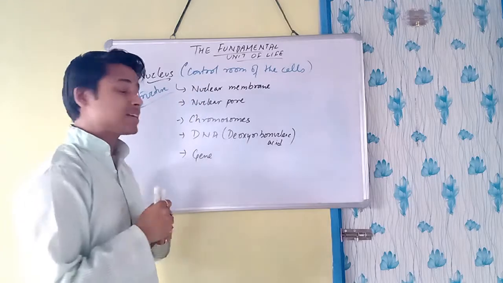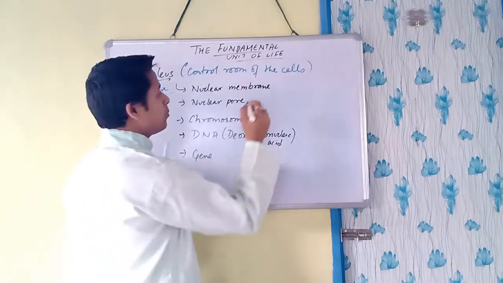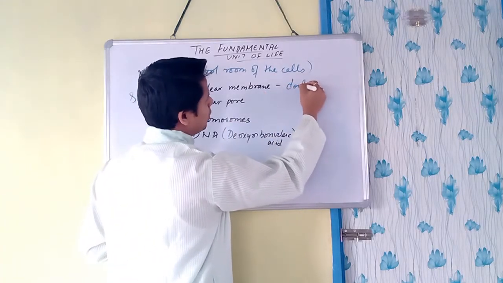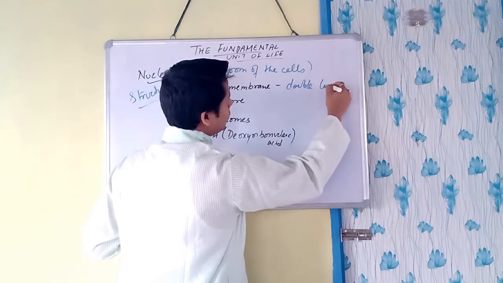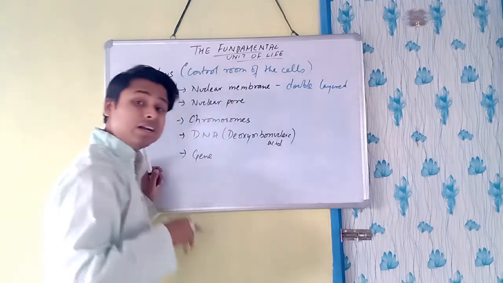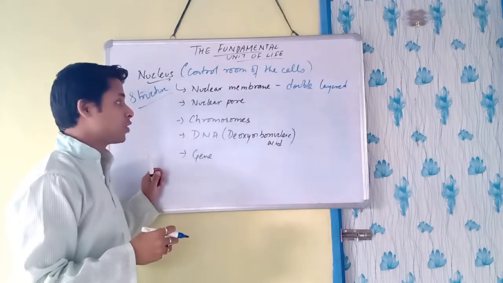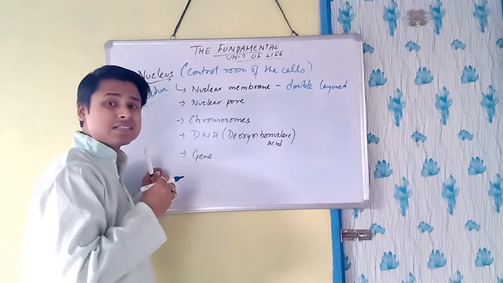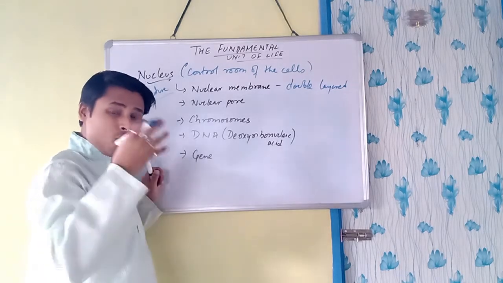The nucleus is composed of the nuclear membrane, and this nuclear membrane is a double layered membrane. Two layers are there. This nuclear membrane has small pores over it.